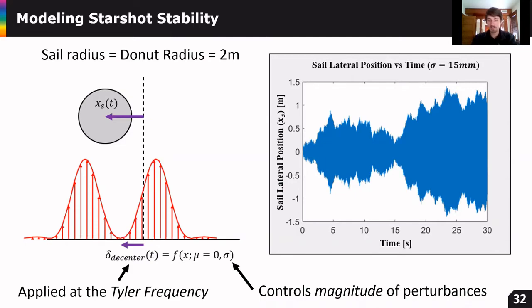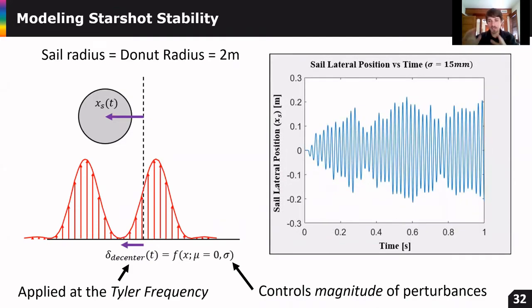So let me zoom in to 1 second in time, and you can see that oscillation frequency. How quickly the sail moves back and forth as a function of time. And the peaks of these oscillations are moving randomly, one-dimensional Brownian motion, with the introduction of these perturbing forces.